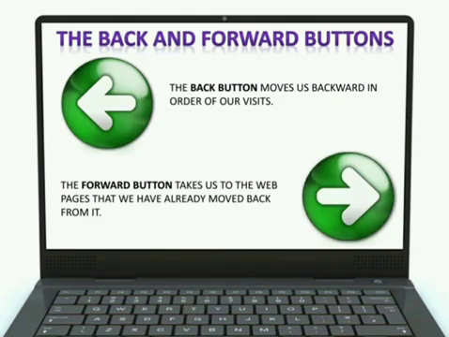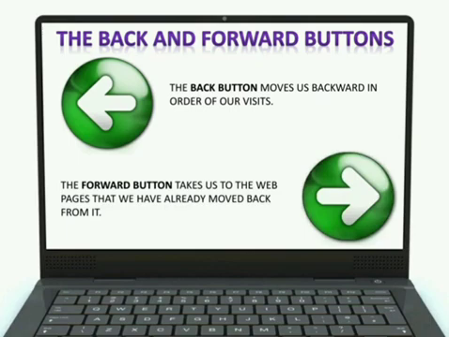Now, one by one, we will discuss the buttons. Okay, first of all, the back and forward buttons. Kids, on your screen, you are able to see two arrows with green colored circles. First one is the back button and the next one is the forward button. Moving from web page to web page, we often want to revisit a previously visited page.